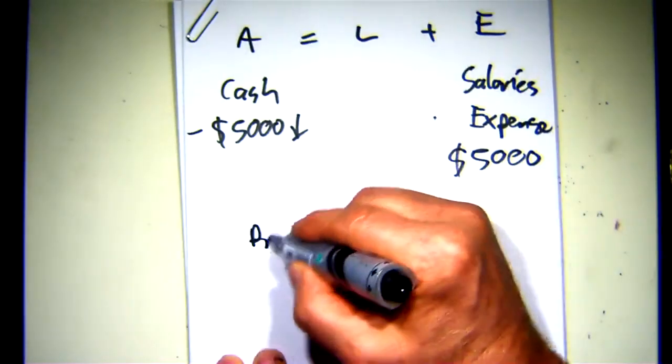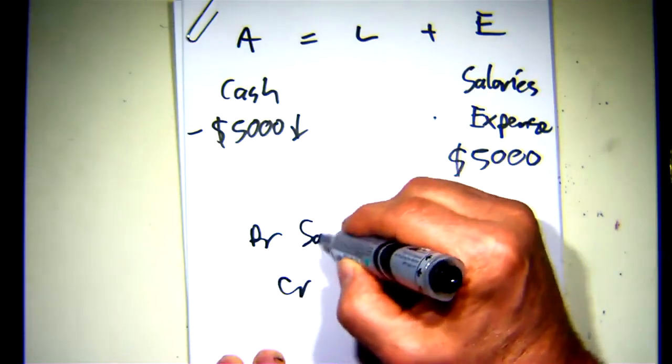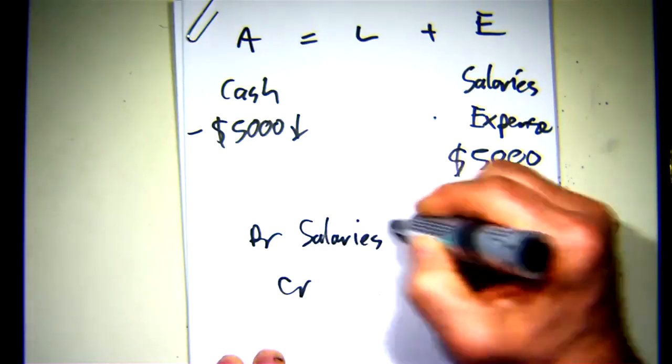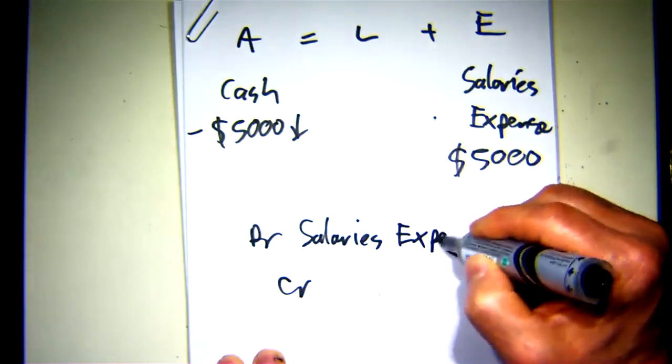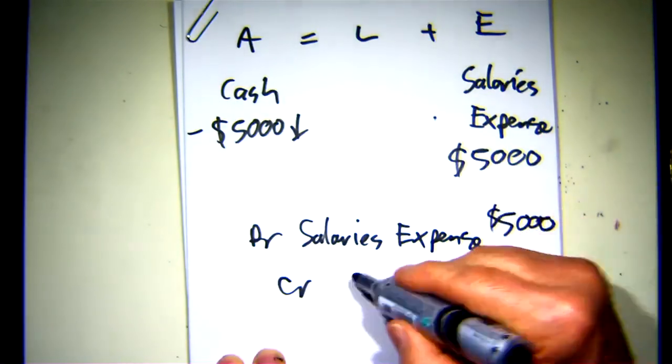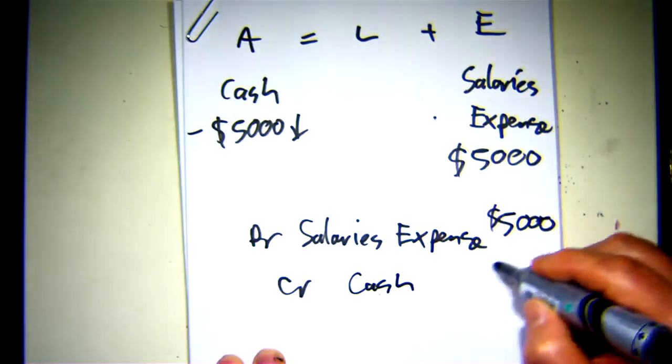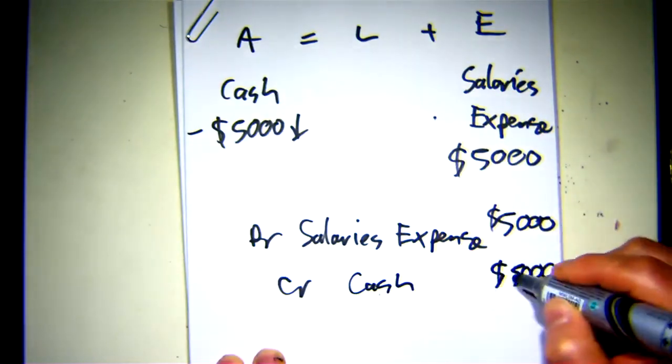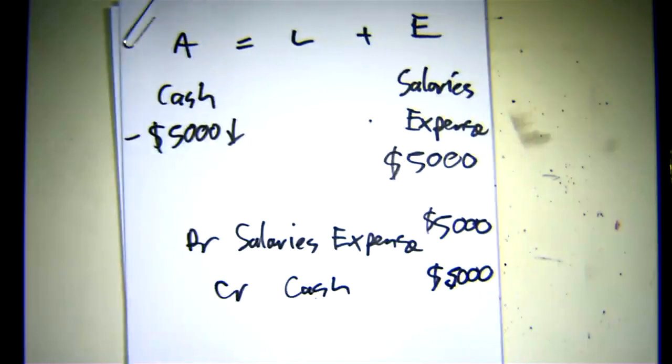And the journal entry for that is we'll recognise a salaries expense of 5,000, and we'll credit cash. Cash goes down. So that's a journal entry for the payment of a salaries expense. Okay.